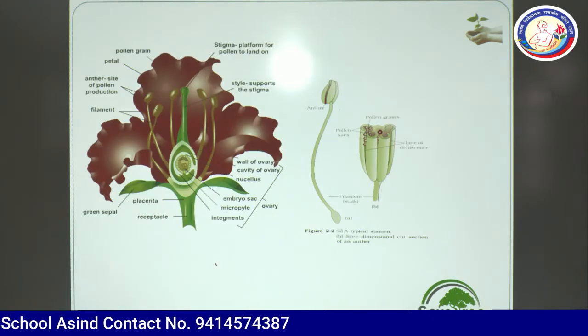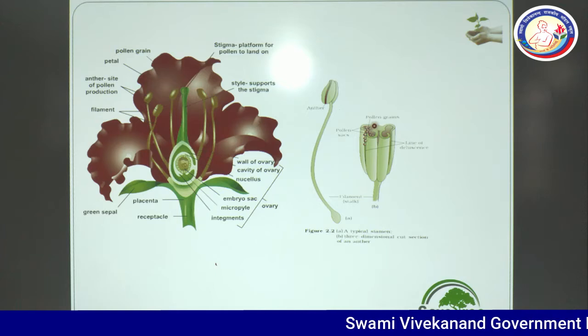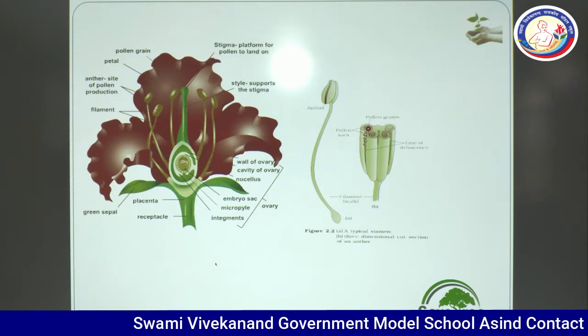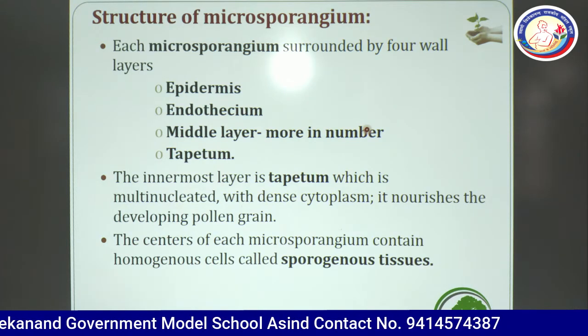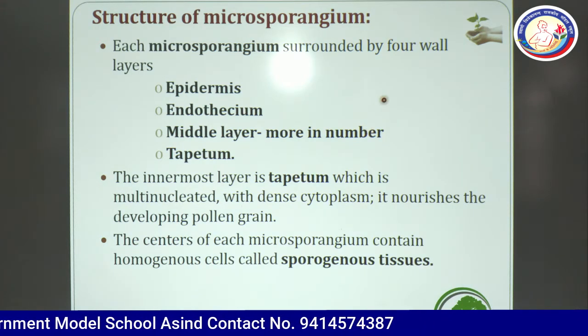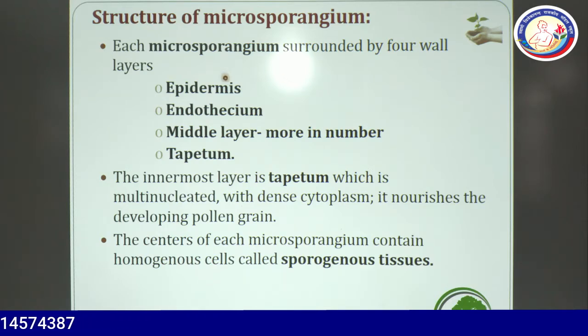Microsporangium is the spherical or cylindrical part found in the pollen sacs, and the structure seen here is known as the microsporangium. It is surrounded by 4 wall layers, and these layers protect the sporangium.